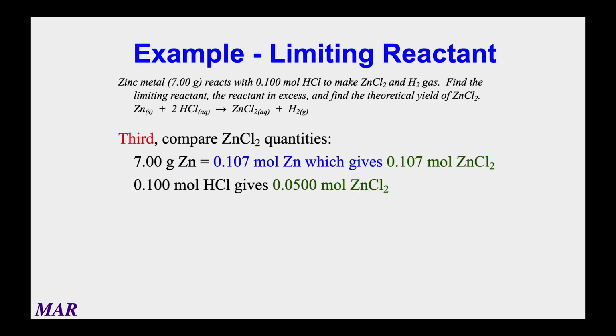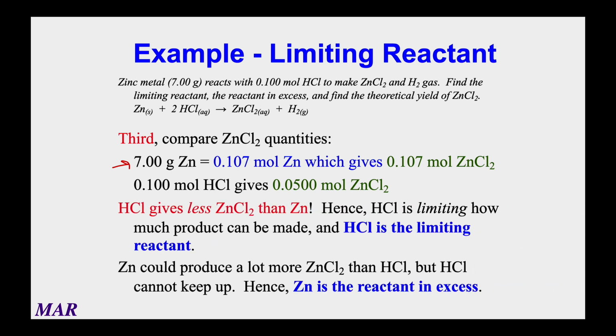Going back to those things, the 7.00 grams of zinc created 0.107 moles zinc chloride, and the 0.100 moles HCl created 0.05 moles of zinc chloride. HCl is definitely creating less zinc chloride than the zinc does, all right? 0.05 is a smaller number than the 0.107.